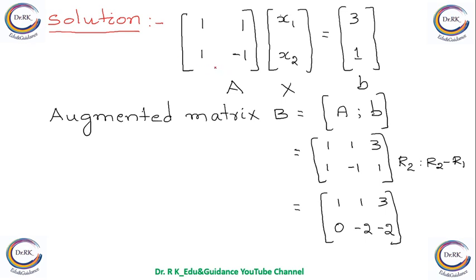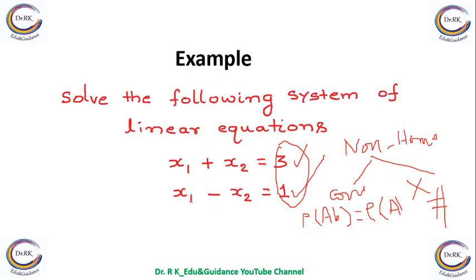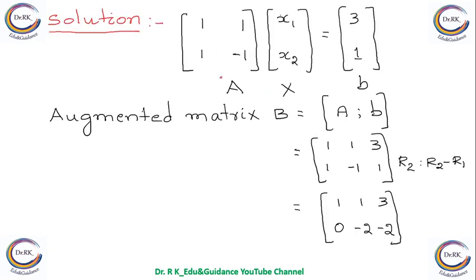So first step, we write this in matrix form, where the coefficient matrix is [1 1; 1 -1], B is [3; 1], and X is [x1; x2]. So A is the coefficient matrix, X is the column matrix consisting of variables, and this is the B matrix.